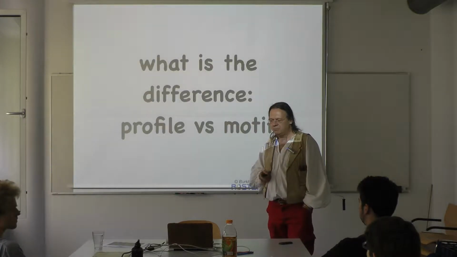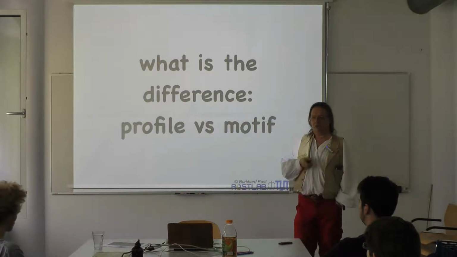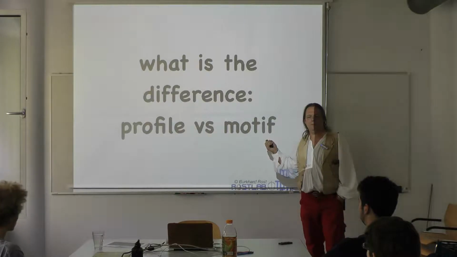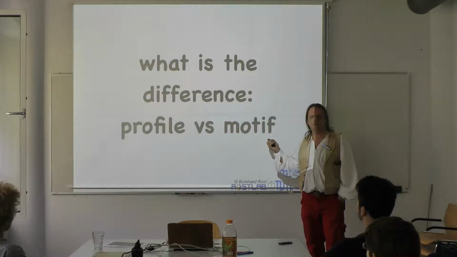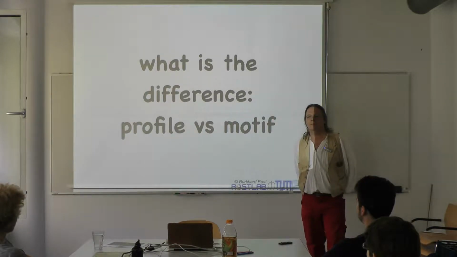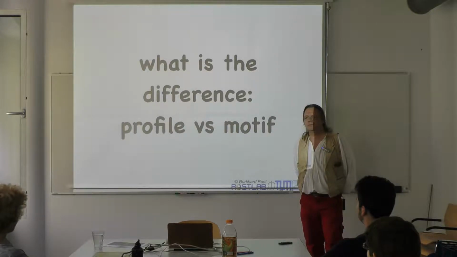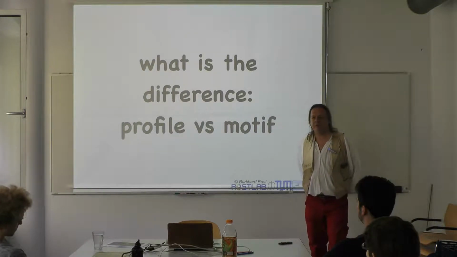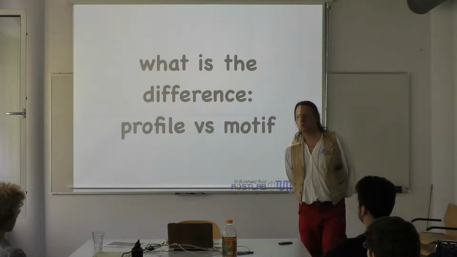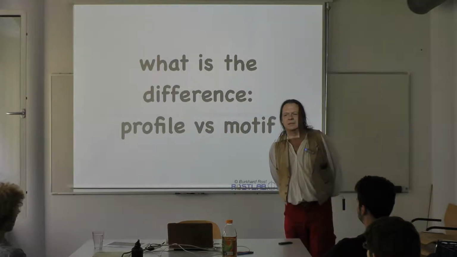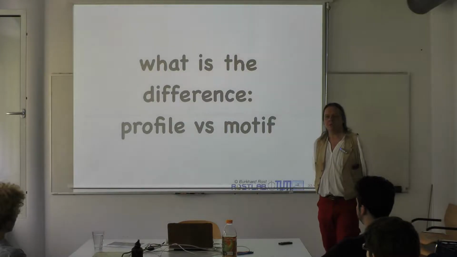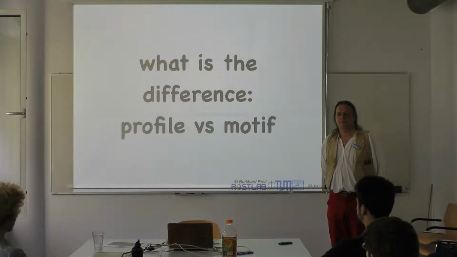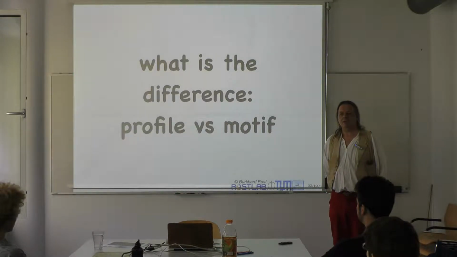Now, what do you believe is then the difference between a profile and a motif? Profile being, for me, the simple word to say position-specific scoring matrix. Today, people use mostly PSSM for that. What's the difference between a PSSM and a motif?